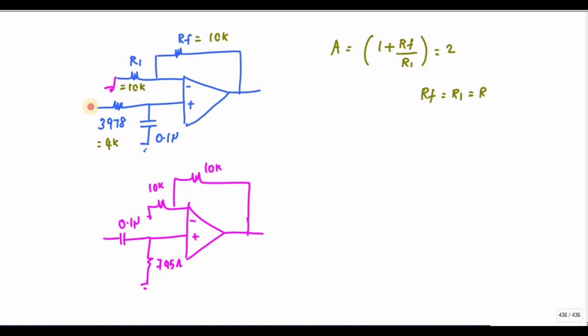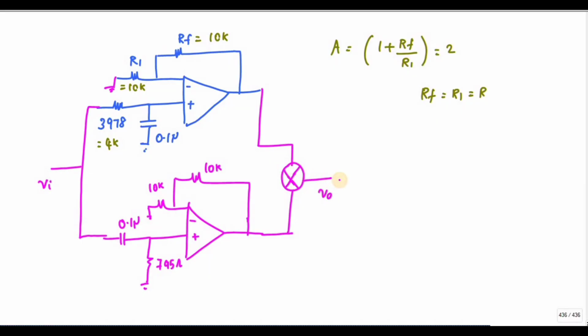I have given both the input as Vi, and I'm going to add them with the summer. If I add, I will get the value of V0. You have to make sure that for the high pass filter, FL must always be greater than FH. This is one condition.